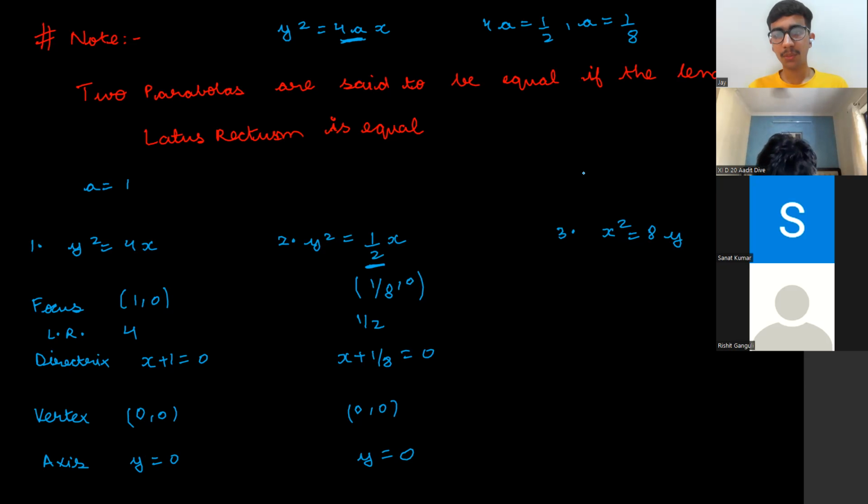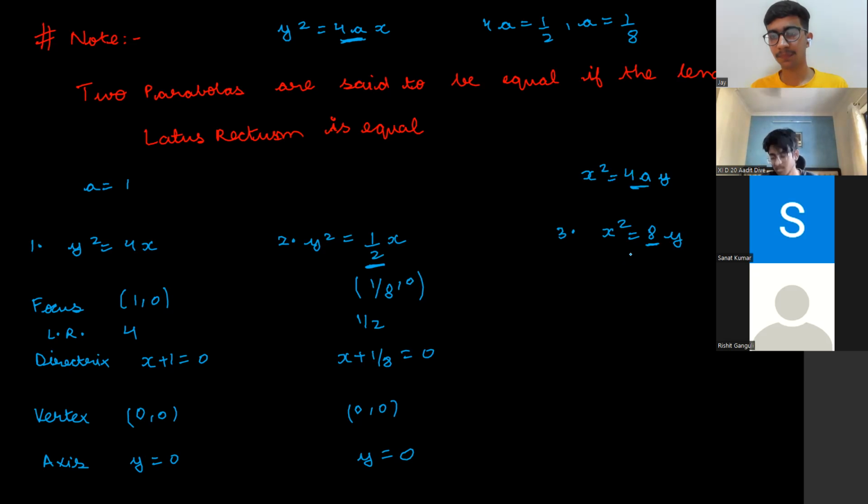See, x square is equal to 8y. So I'll relate this to x square is equal to 4ay. After this, tell me what is the value of a. 4a is equal to how much?